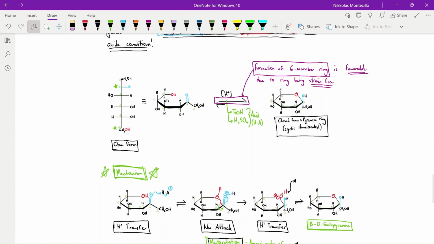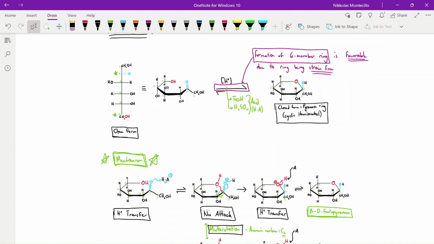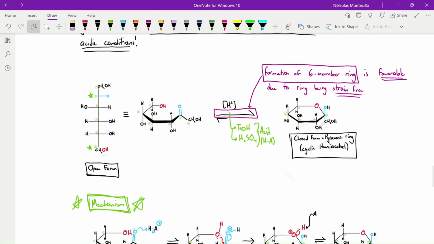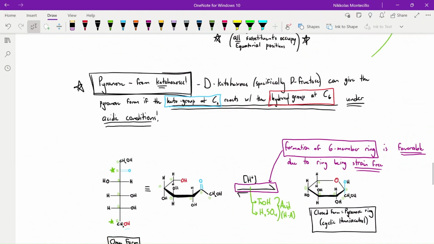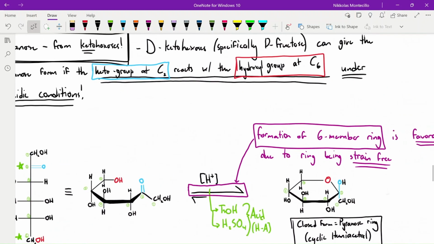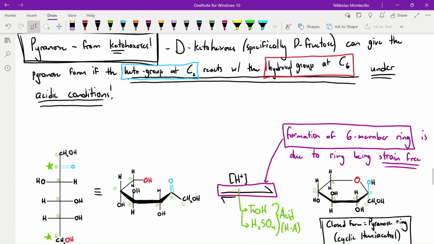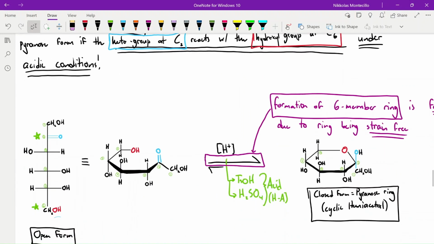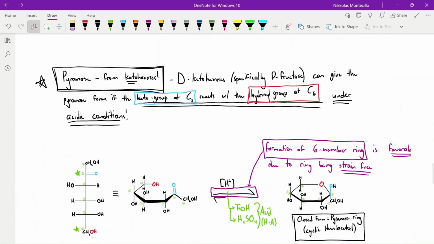And so we see here that the same reaction conditions are favored, where in the presence of an acid catalyst, the formation of a six-member ring is favorable.